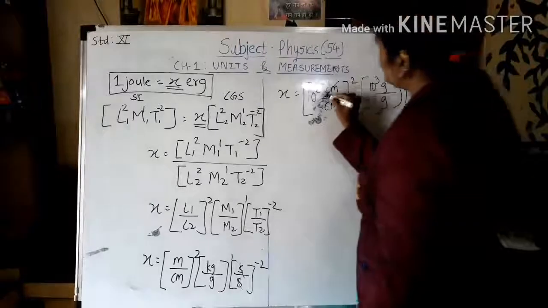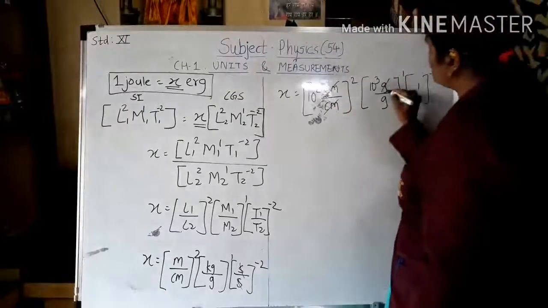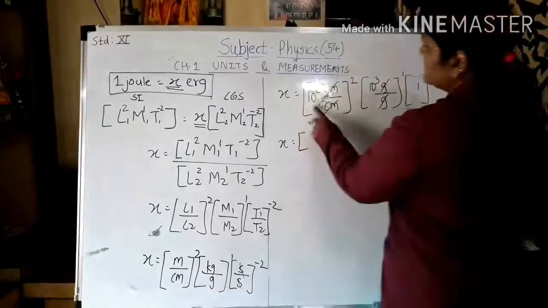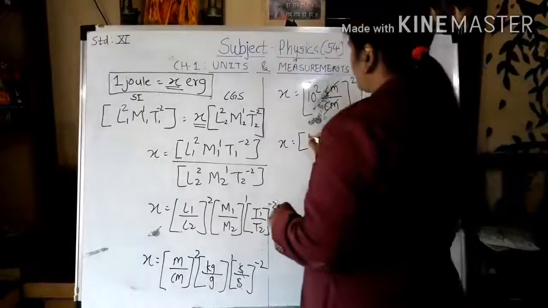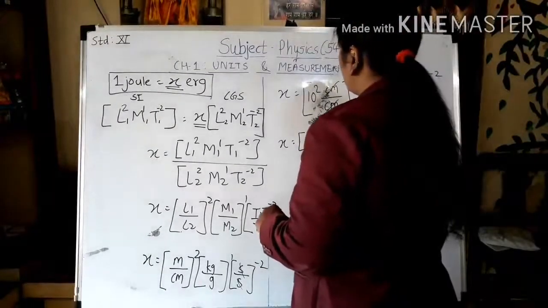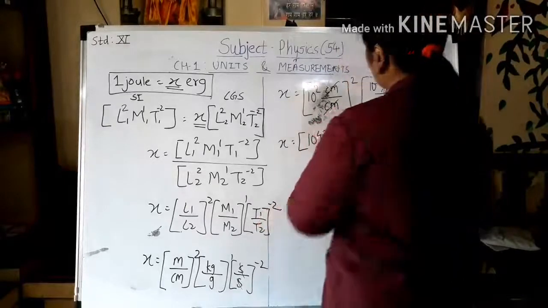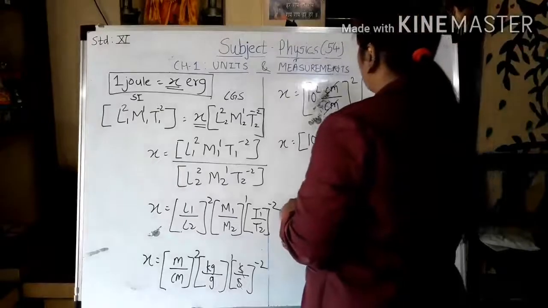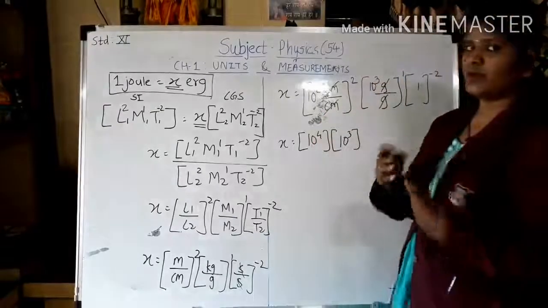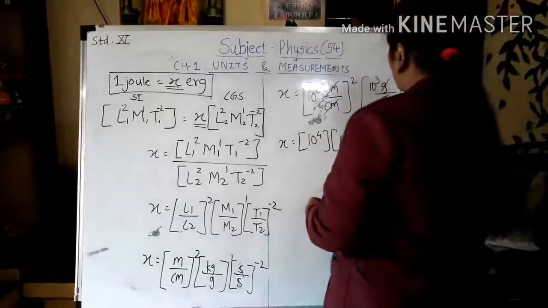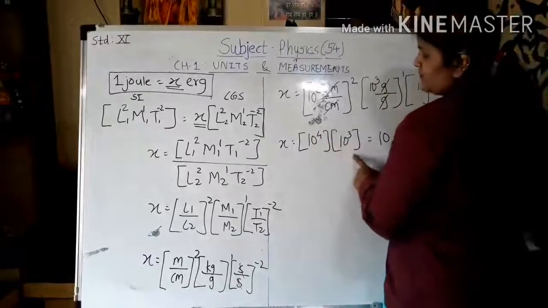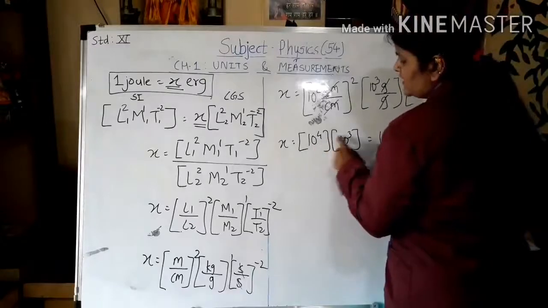So the centimeter will get cancelled, and the gram will get cancelled. So I am getting x as 10 raised to 2 raised to 2, that is 10 raised to 4. And here 10 raised to 3 raised to 1 will be 10 raised to 3 itself. And 1 raised to anything will be 1. It is multiplication and the bases are the same, so the indices will get added.